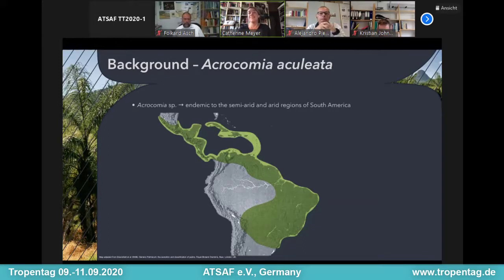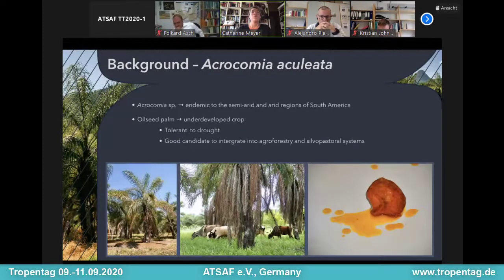Acrocomia species are endemic to the semi-arid regions of South America. It is an oilseed palm, an underdeveloped crop, which shows a tolerance to drought and is considered a good candidate as a tree component in intercropping systems.